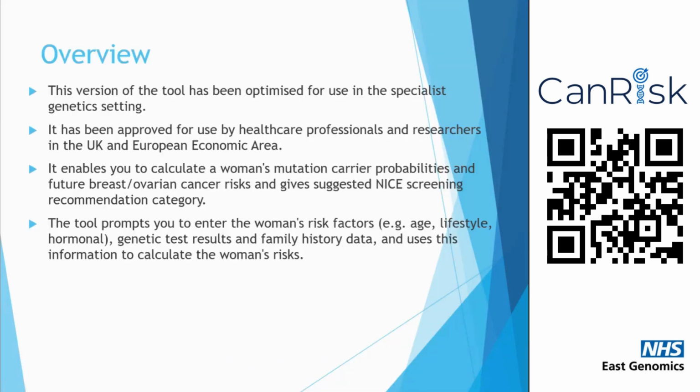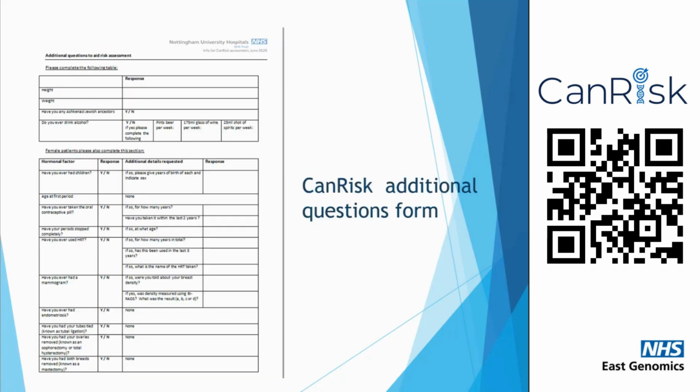So the tool's been optimised for use in specialist genetic services, and it's very user-friendly now. I know some of you have used it and some of you haven't, but I'll show you it and we'll go through each of the steps in order to work through some examples.